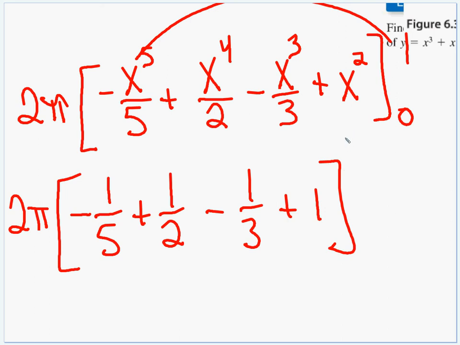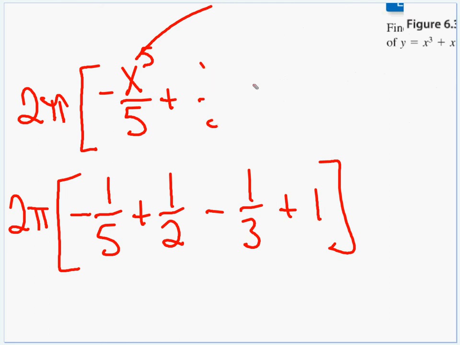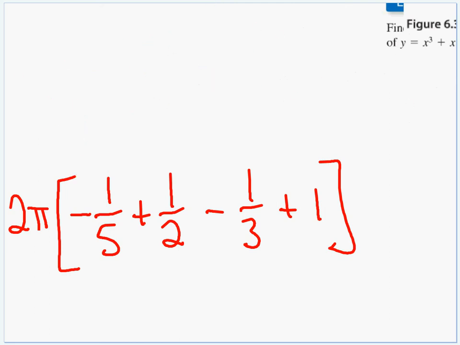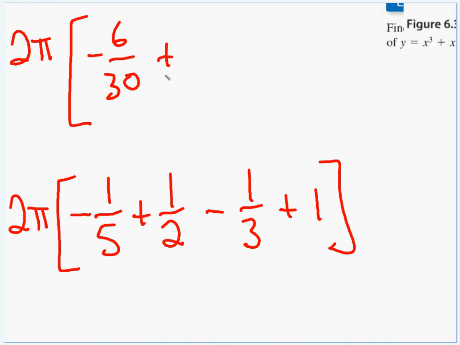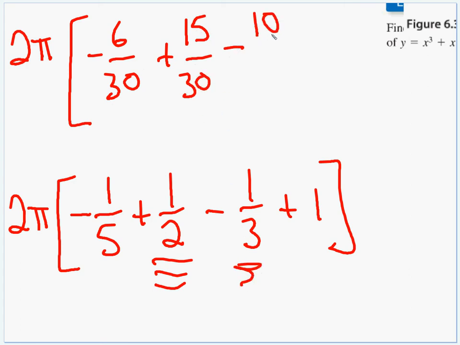So it looks like our common denominator is going to be a 30. So we multiply the first one by 6 over 6, negative 6/30. Multiply the 1/2 by 15 over 15, 15/30. 1/3 gets multiplied by 10 over 10, 10/30. Plus 1 would be 30/30.